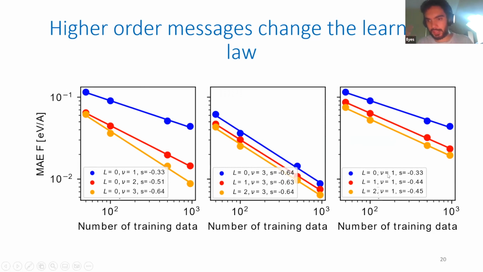So this will be standard Nequip or BOTNet MPNN, where nu equal 1 is two-body. And here you see that when you saturate the correlation order, so you have nu equal 3, but you increase the equivariance, you don't change the slope. You shift it, but you don't change it, so it doesn't really add new expressivity.